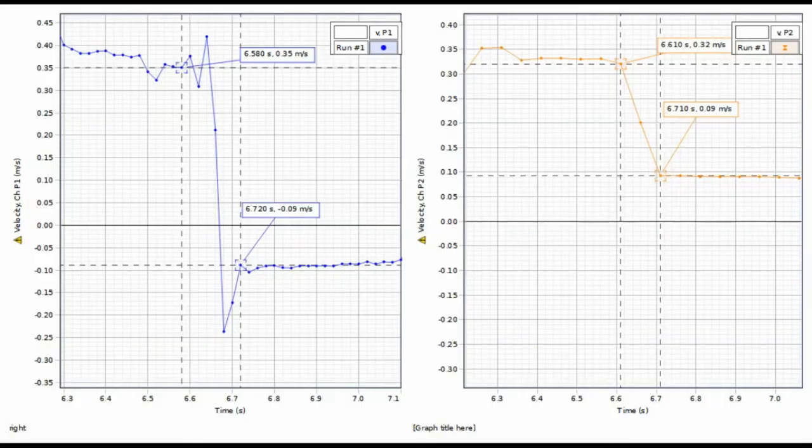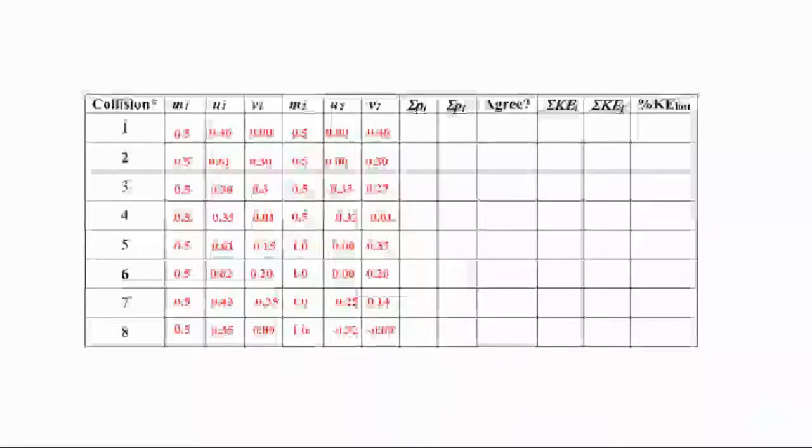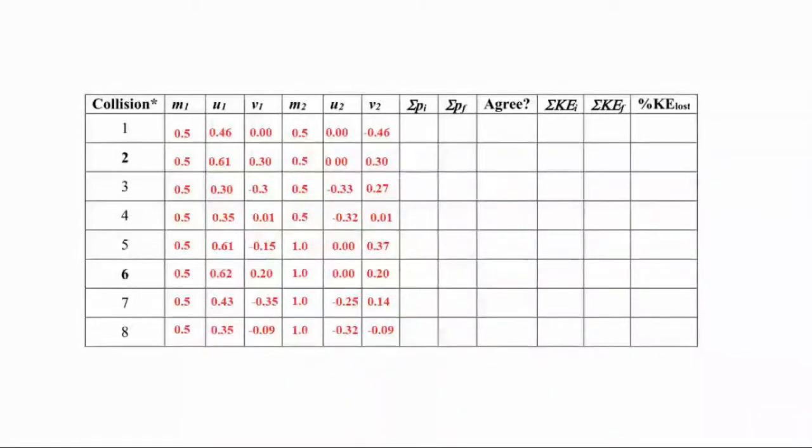So figure there of 0.5, minus 0.09, over here minus 0.32 and minus 0.09. Again, note how those figures for the final velocity are the same in the situations where the two trolleys stay together.